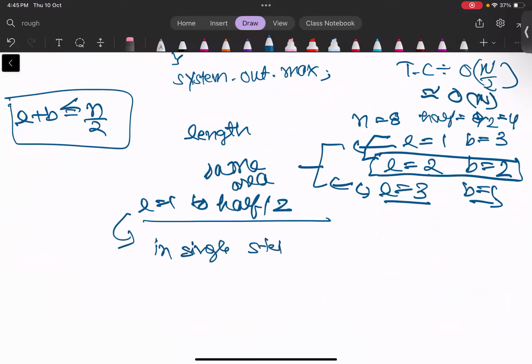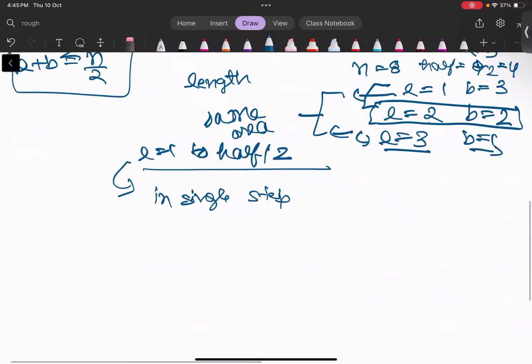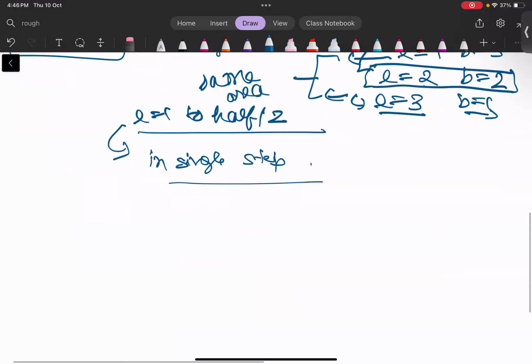We know a rectangle can be formed in a single step with L equal to half by 2.